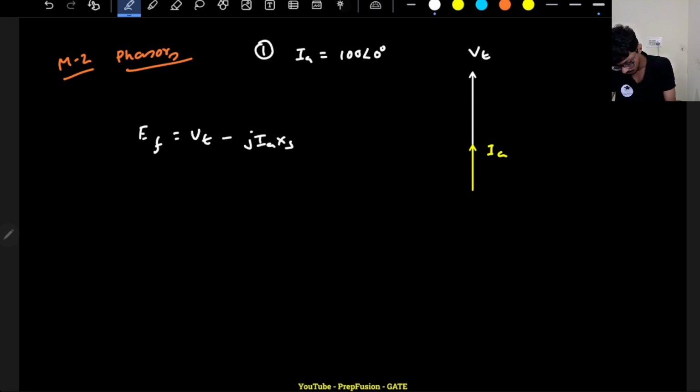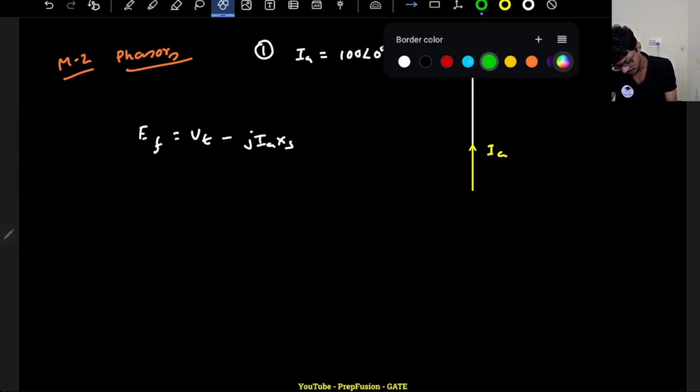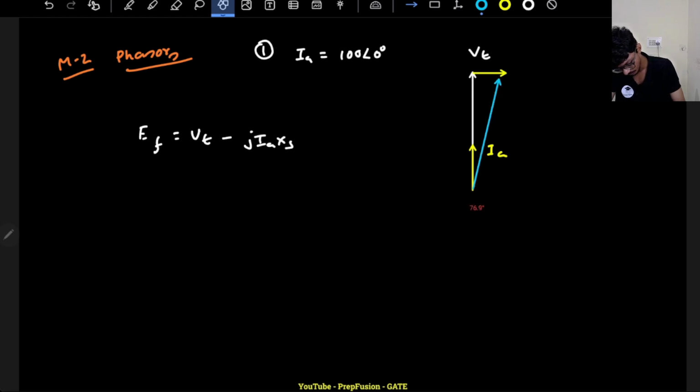So minus J IA XS. If I rotate this by plus 90 in the anti-clockwise direction, it would be here, but I have to rotate because it is minus J, so I have to subtract this from VT. It will be along this direction, somewhere around here. Okay, so my E will be this.